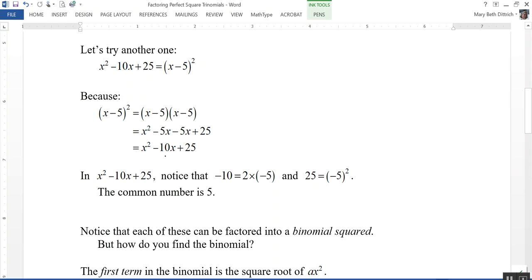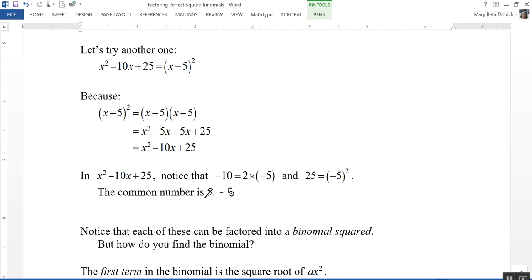Notice again that my middle term, my b, is equal to 2 times negative 5, and my c, 25, is equal to negative 5 squared. The common number there is, actually I should have written there, instead of 5, the number negative 5.